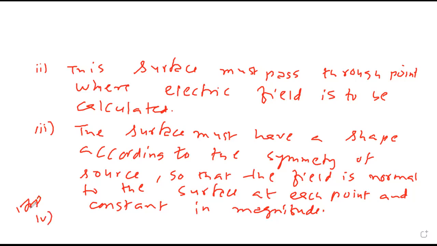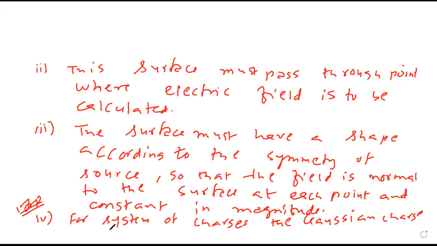Fourth and very important point, for system of charges, the Gaussian surface should not pass through any discrete charge.